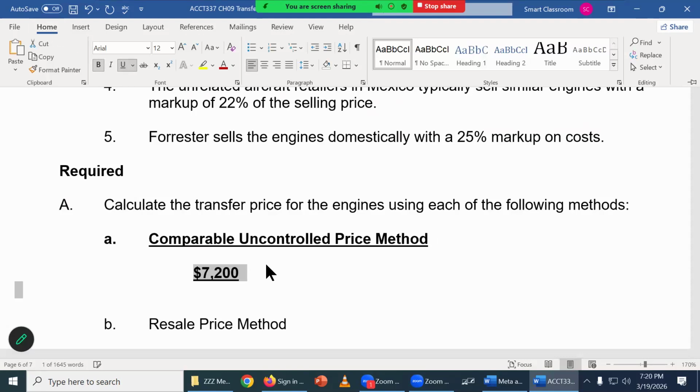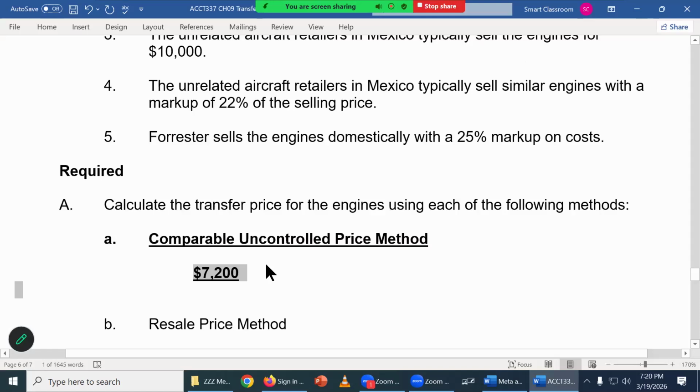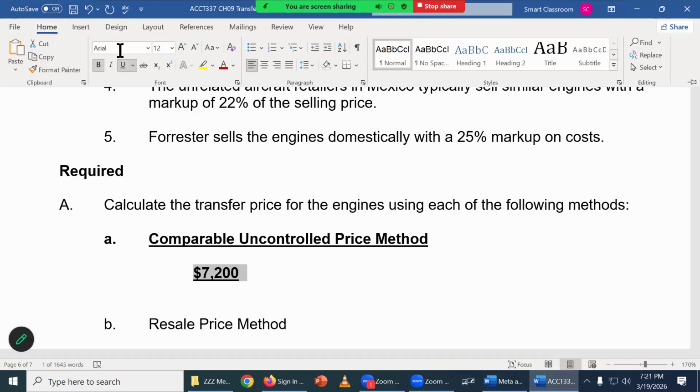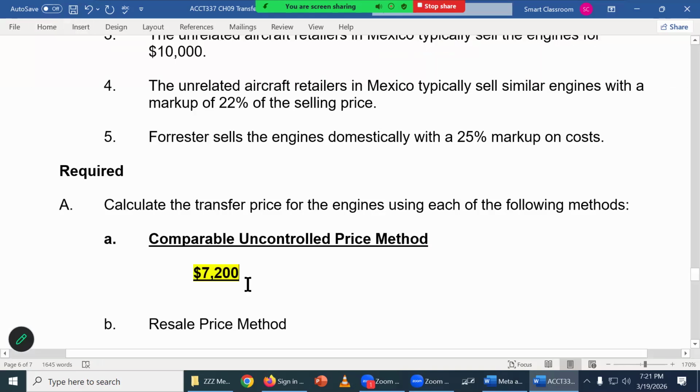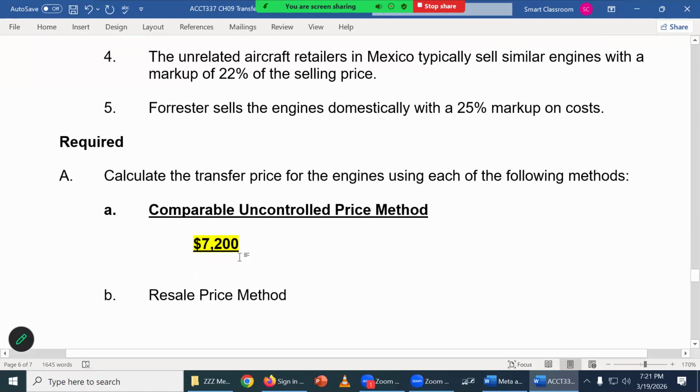Now, remember, this is the parent company selling it to the company that's making the helicopters in Mexico. Now, the company in Mexico is also going to put it in helicopters and obviously sell it for more money than that.